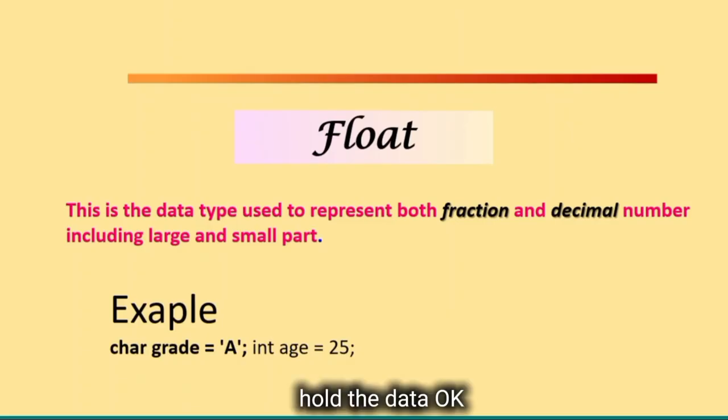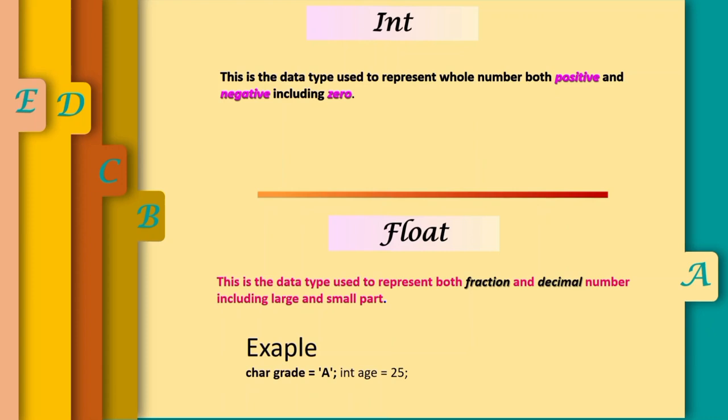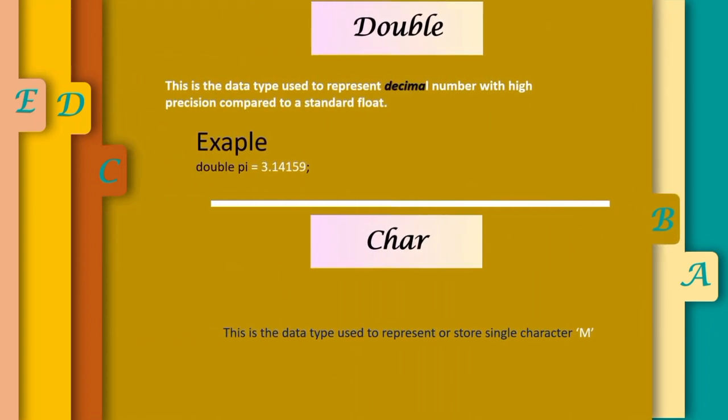Then we move on to float. Float holds fraction and decimal numbers. Example, we say char, which is represented as a single character, like 25. Maybe your age is 25. Then let's proceed. Double.